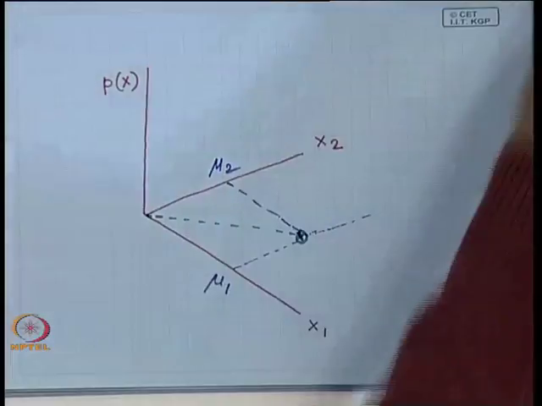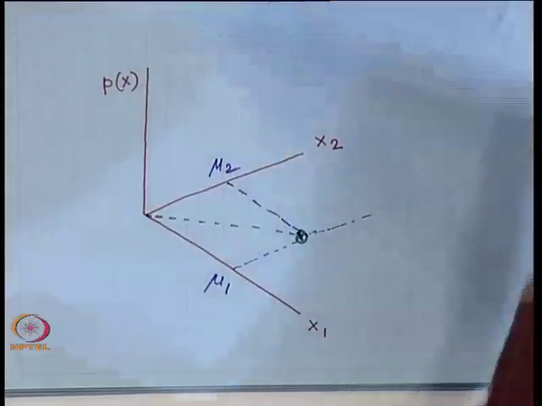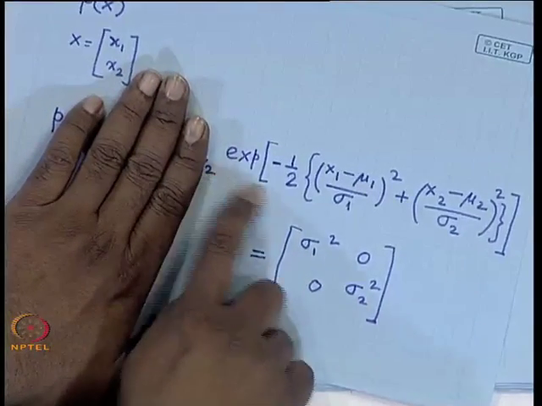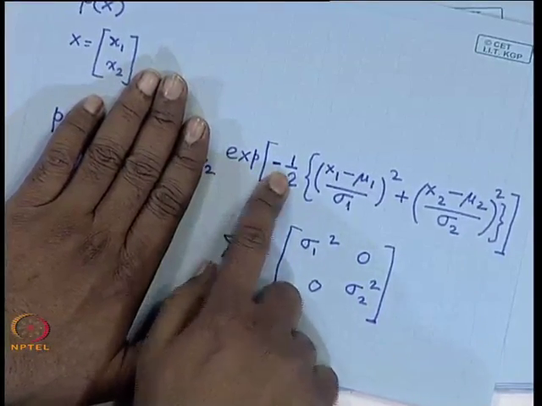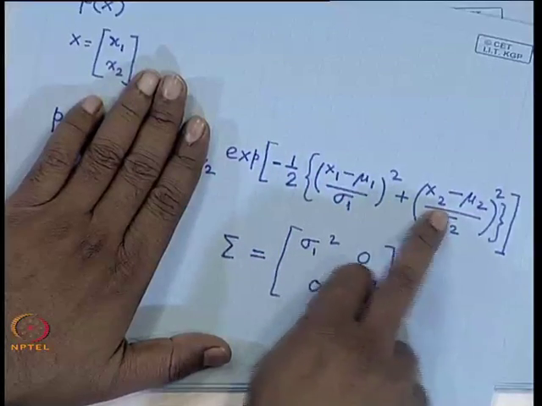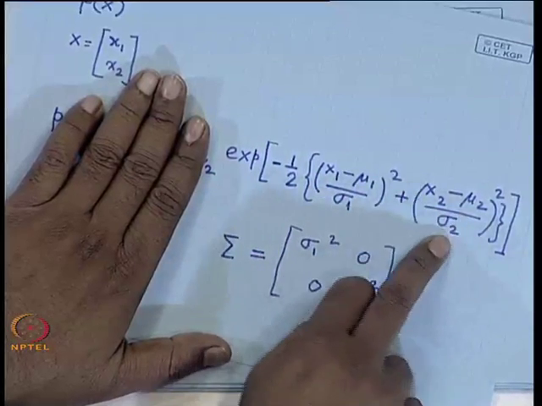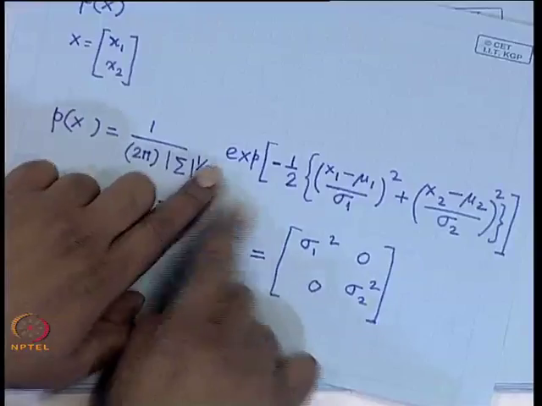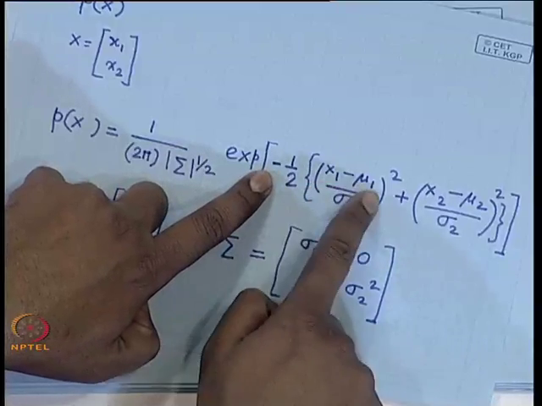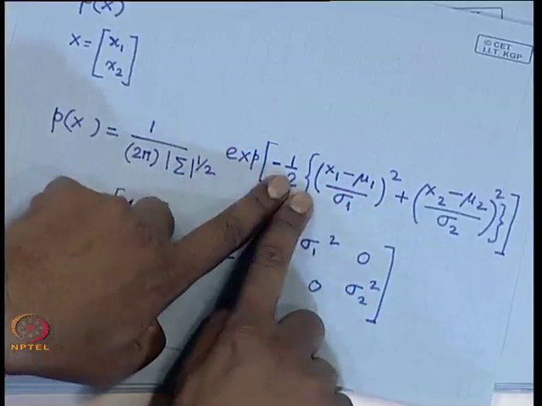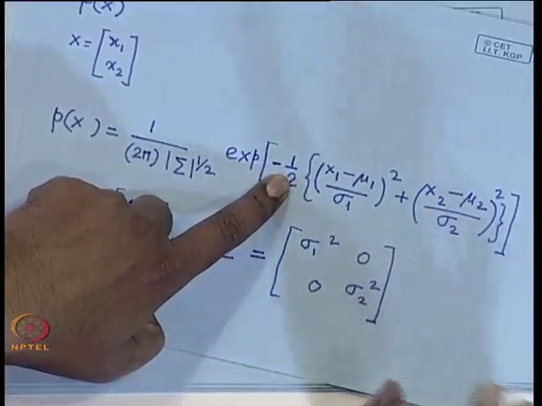Now, find that if I break this expression, this term, exponential of minus half x 1 minus mu 1 by sigma 1 square plus x 2 minus mu 2 by sigma 2 square, is actually a product of two exponential terms: exponential minus half x 1 minus mu 1 by sigma 1 square, into exponential minus half x 2 minus mu 2 by sigma 2 square.